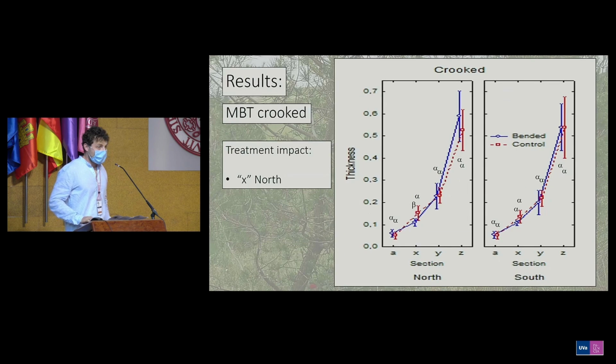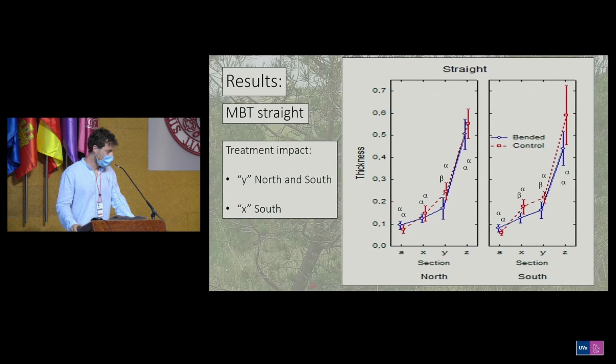But when we analyze the maximum bark thickness, we see that, as in the previous graph, on the crooked ones we almost have no effect. We just have an effect on the north of the X level, which is always a reduction. But more interesting is the effect on the straight group, which confirms the previous model of the bark area.